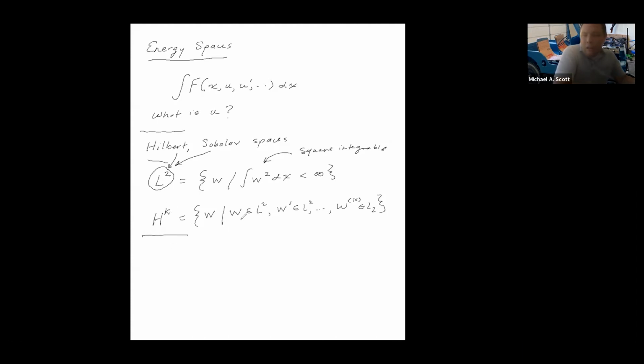Why would we be interested in functions like H to the K, where K is some number of derivatives? Can somebody motivate this? Why are we so interested in the derivatives being in what we call L2, or they have well-defined integrals? What's the intuition here? Somebody help me out.